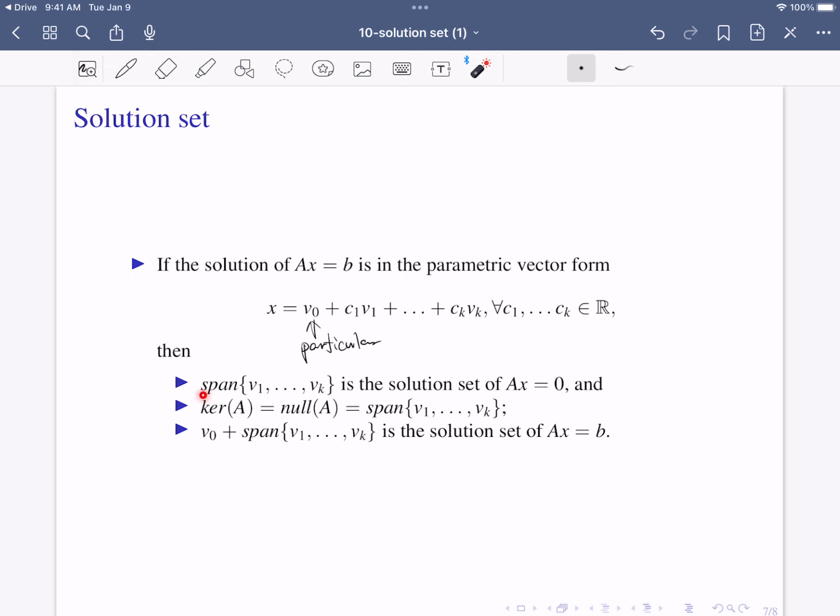In other words, the span of V1, V2, Vk gives me the kernel of A, or null space of A. And the solution set can be written as particular solution plus kernel.